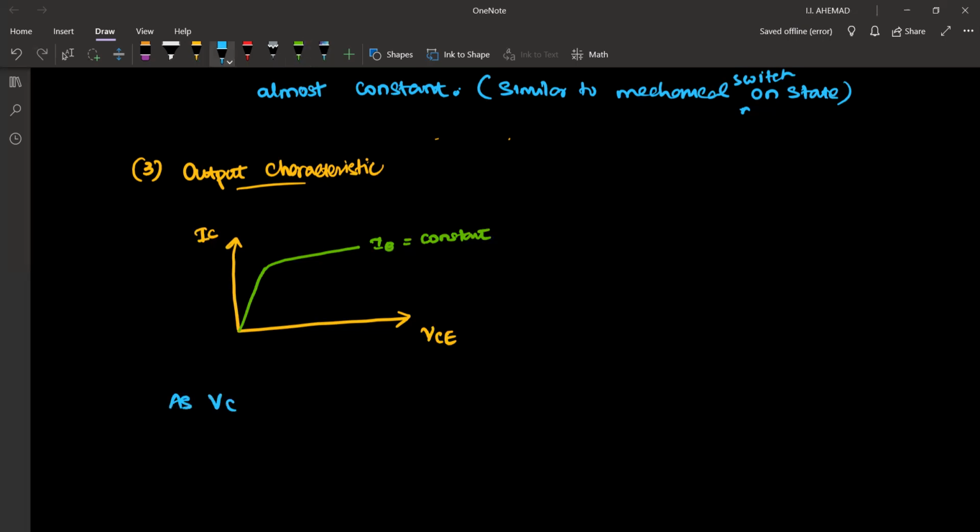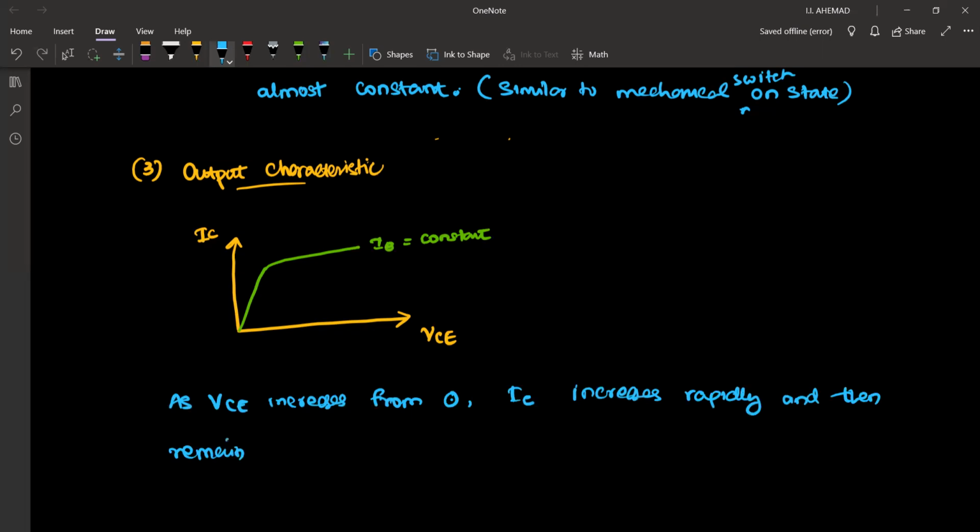As VCE increases from 0, IC increases rapidly, and then remains almost constant.